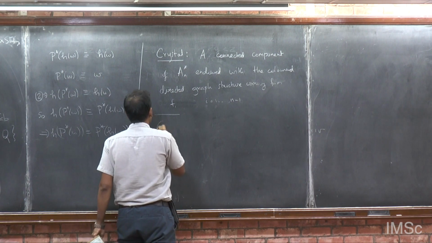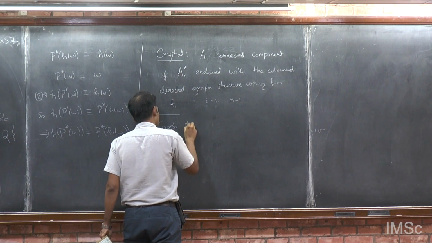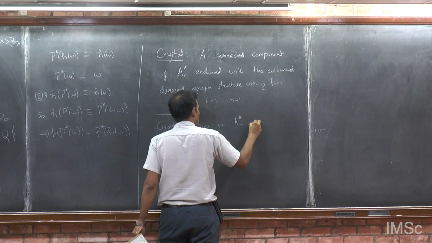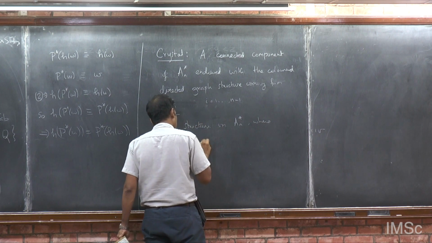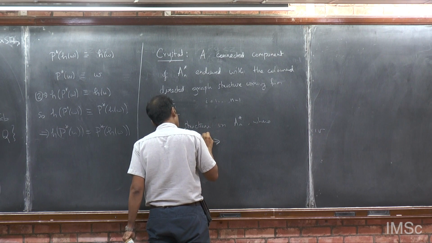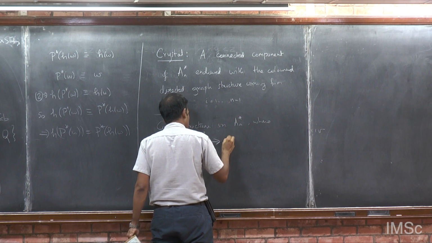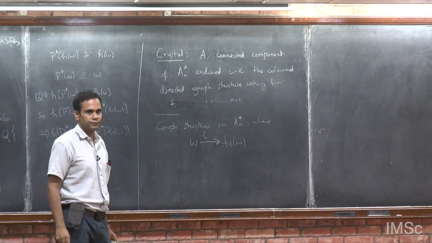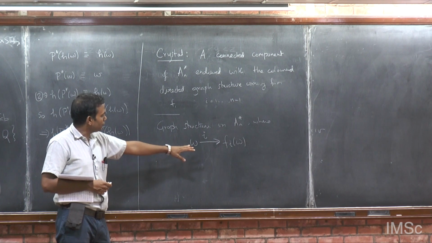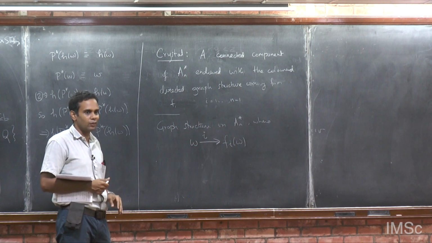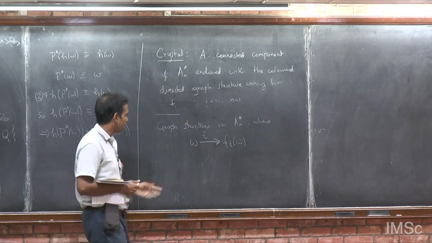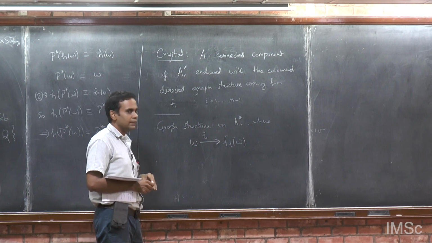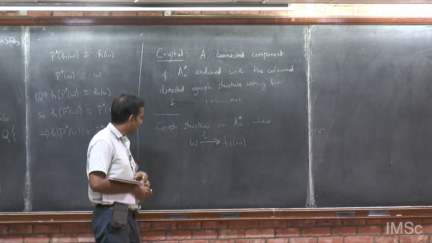So this is the graph structure on A_n star where W is joined by a directed edge with label i to F_i W. Then you think of it as an undirected graph and look at all the connected components, as connected graphs also. So it's all the things which are joined by a series of edges.